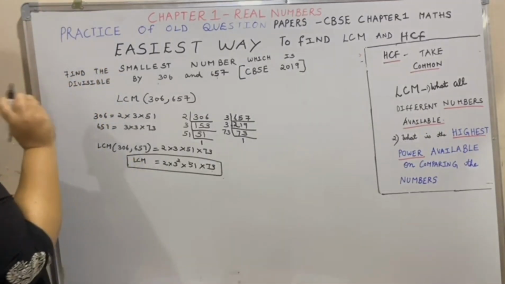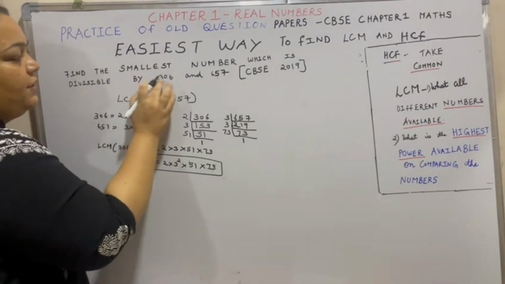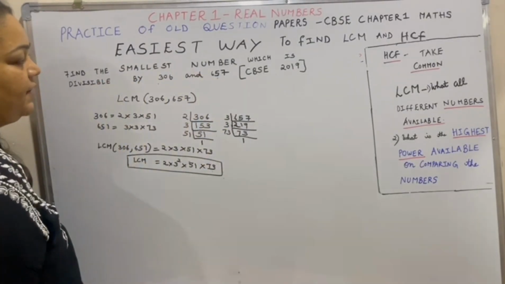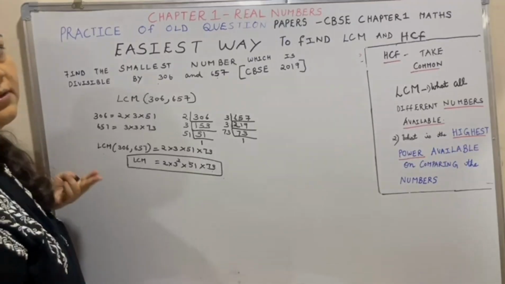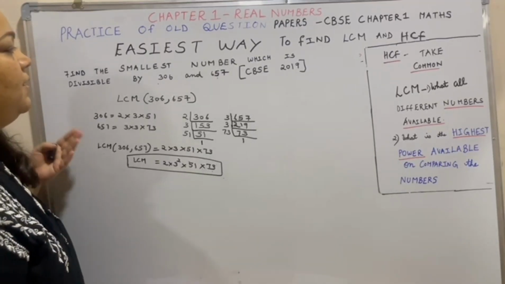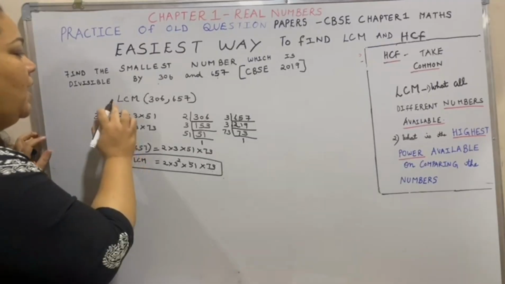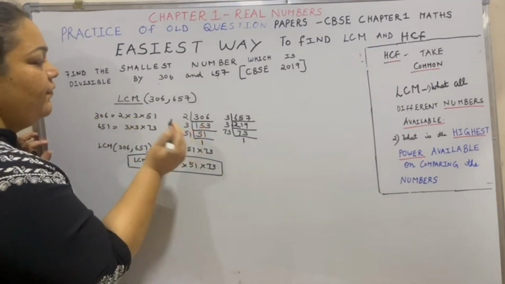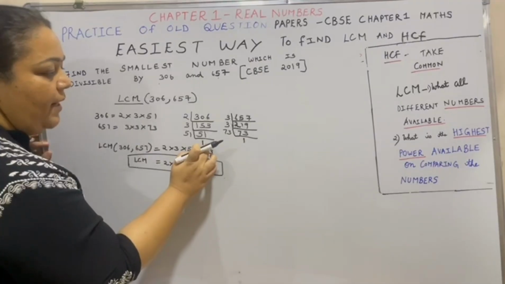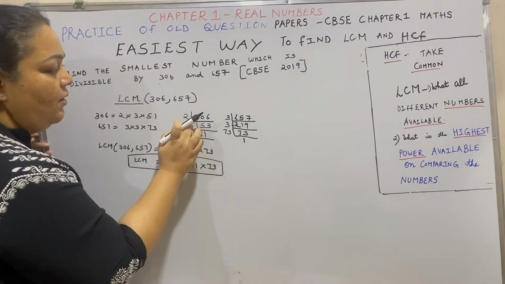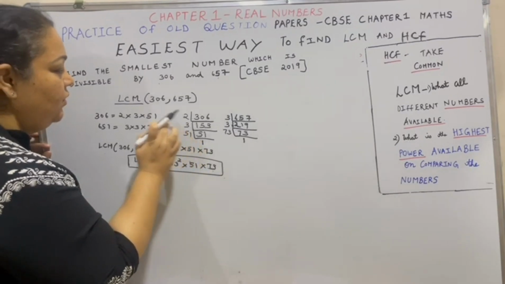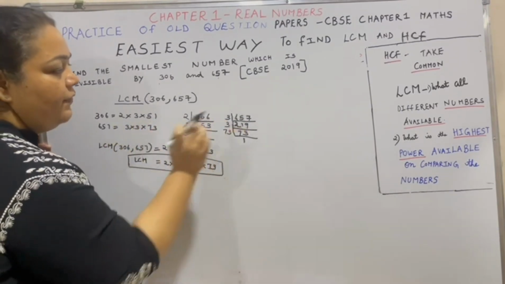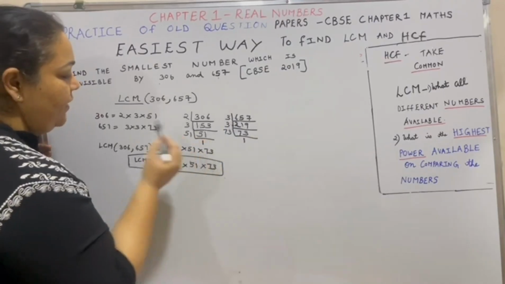So this is the right answer. Understood? They are asking for the smallest number which is divisible by 306 and 657. You know the definition of LCM: divisible by both the numbers. So they are asking for the LCM. The first method is to find the prime factorization. For 306 we found 2 into 3 into 51, and for 657, 3 into 3 into 73.